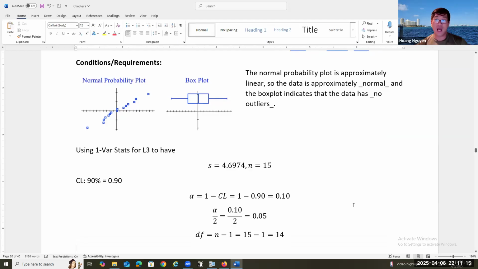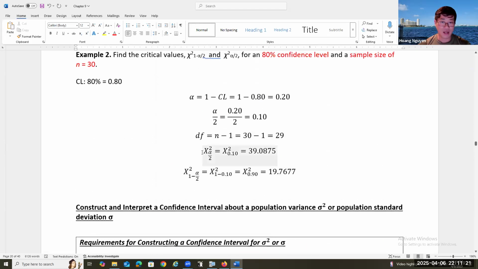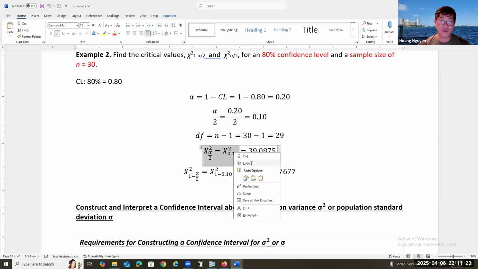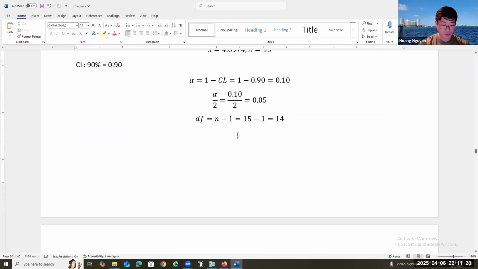Now I'm gonna find the first critical value, the chi-square of alpha over 2, where alpha over 2 is 0.05. We're gonna use the Math 200B program to get the answers, everyone.